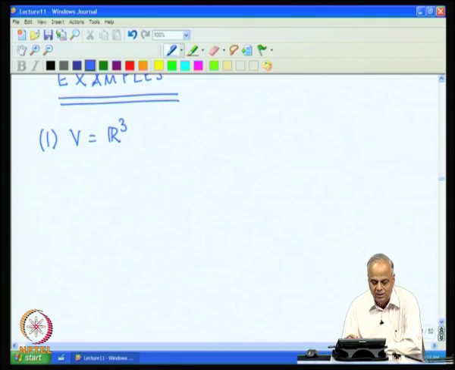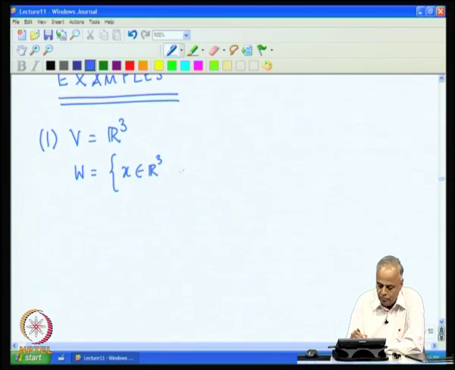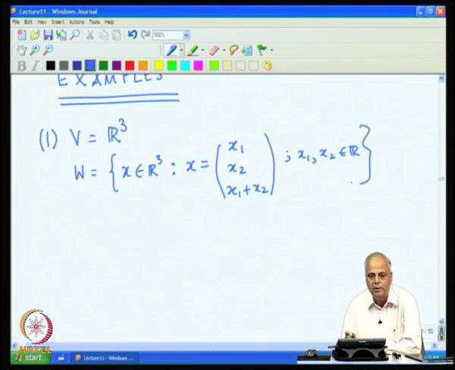We take V equal to R3 and let W be the set of all vectors in R3 of the form: the first component can be anything, the second component can be anything, but the third component must be the sum of the first and second components. Of course, all components must be real. So we have the set of all vectors for which the third entry is the sum of the first two entries.